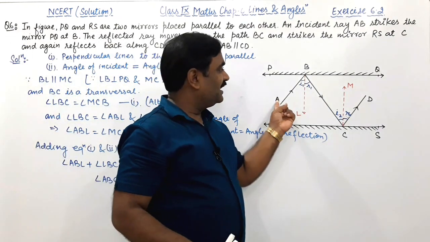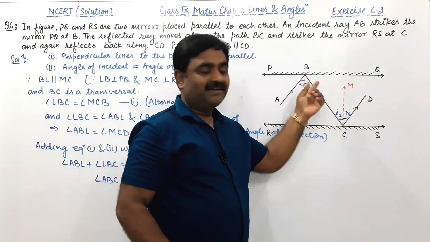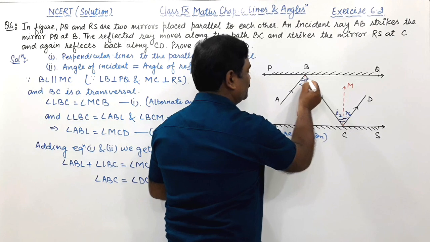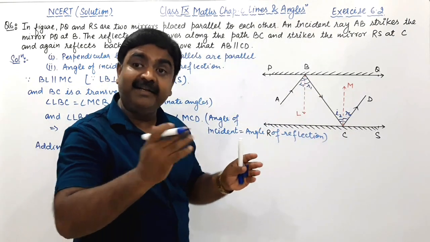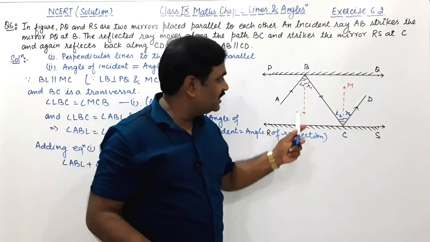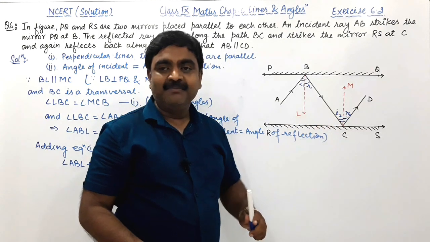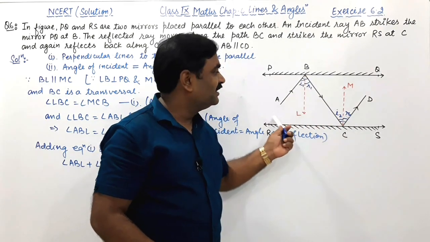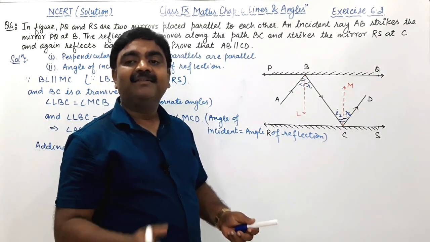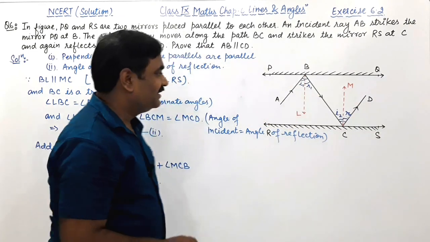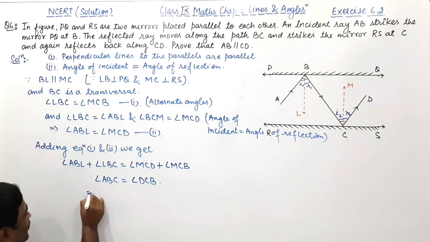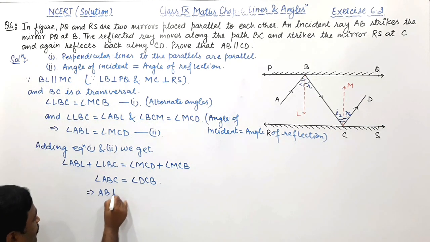What we got: angle ABC is equal to angle DCB. These two angles are equal, meaning the sum of these two angles is equal to the sum of these two angles. And these two angles are alternate interior angles, and BC is a transversal. If a transversal intersects two lines and the alternate interior angles are equal, then the lines are parallel. Right? Therefore, based on this, you can say that AB is parallel to CD. Therefore, AB is parallel to CD.